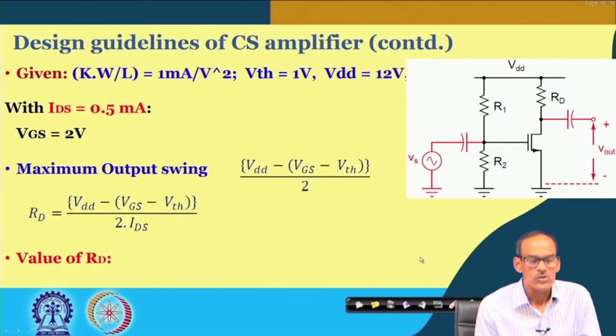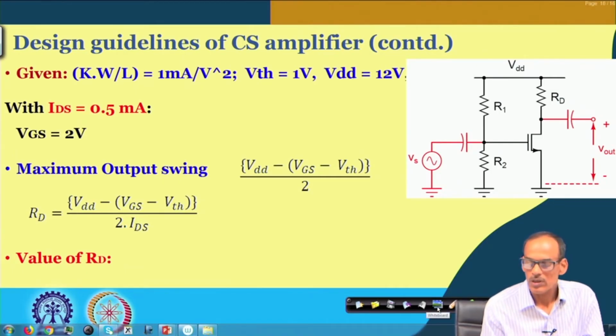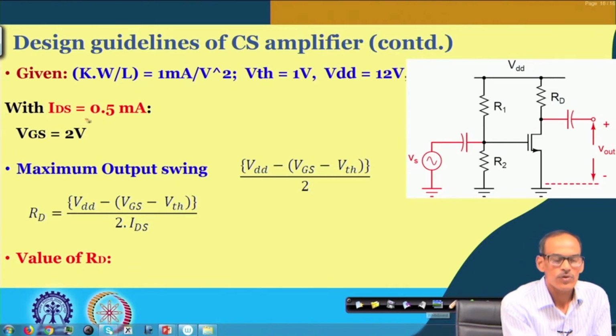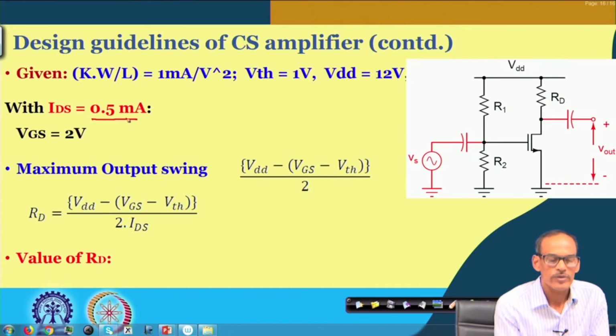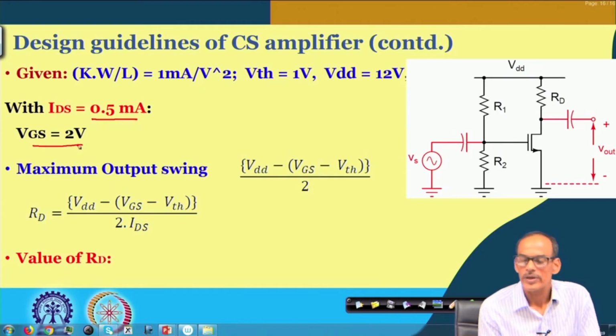So, how do we proceed to find RD? First of all, as I said, for IDS equals 0.5 milliampere, we obtained VGS. Now, the VGS here is 2 volt, the threshold voltage is 1 volt. So, the lowest possible voltage here is 1 volt.